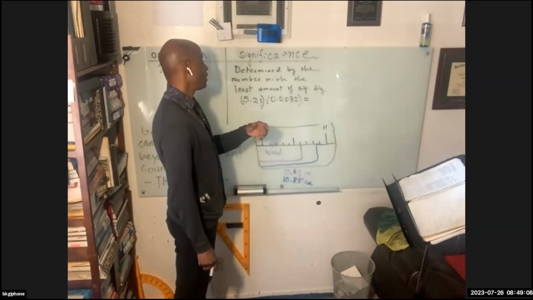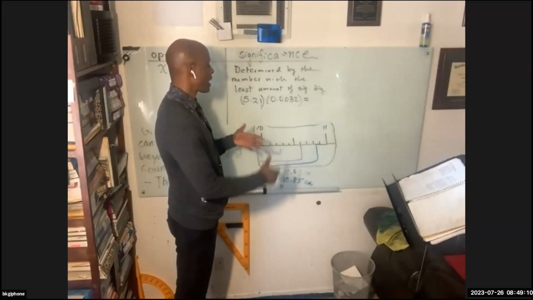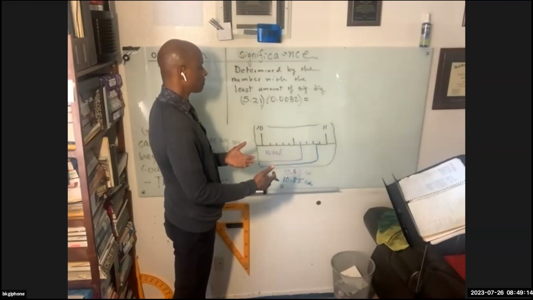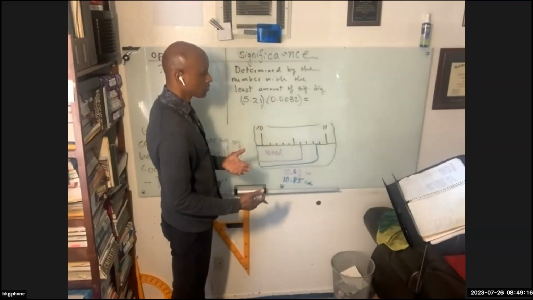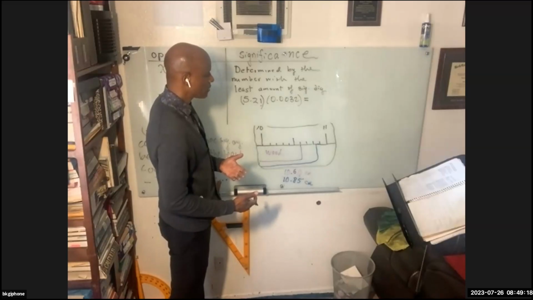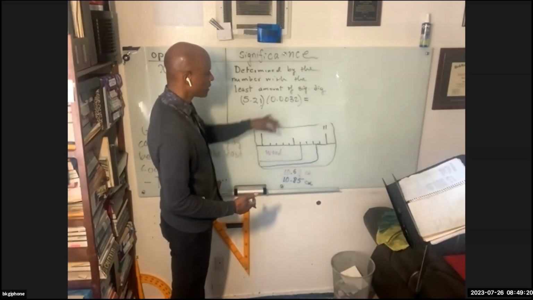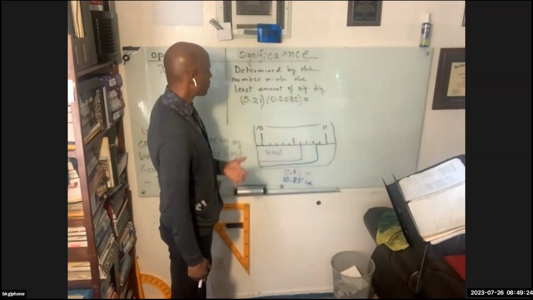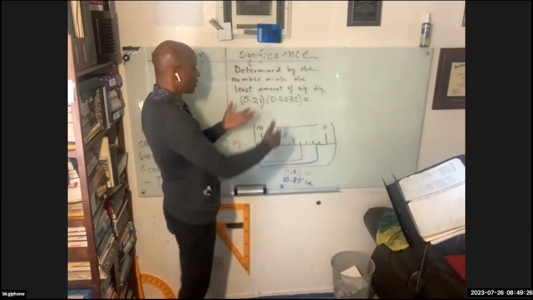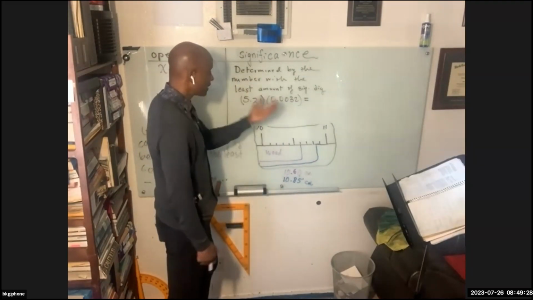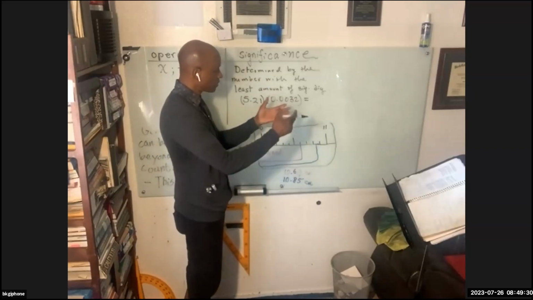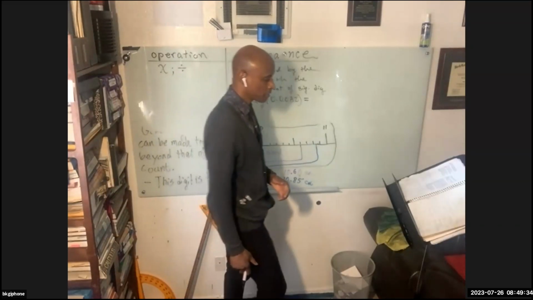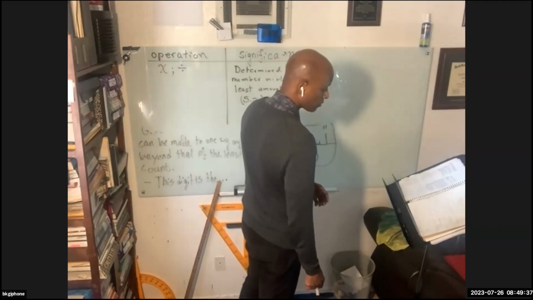So it doesn't make sense that when I multiply these numbers, the answer is going to be more significant than the least significant number, right? That just doesn't make logical sense. So when you're multiplying and dividing, the least significant value determines how significant the result of that operation will be.